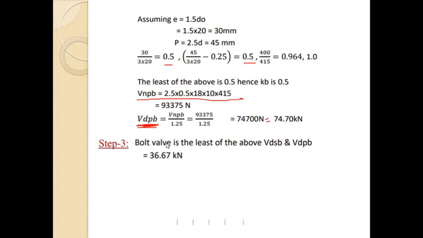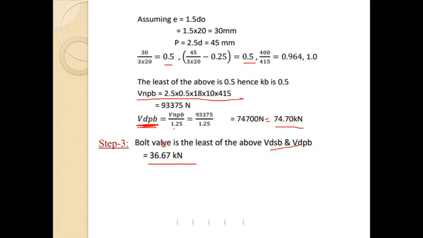Now we have to calculate the bolt value. We know the bolt value is the minimum of VDSB and VDPB. So the minimum value of 36.67 and 74.70 is 36.67 kilonewton. So this is our bolt value.